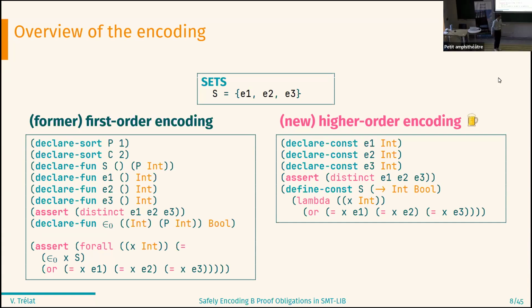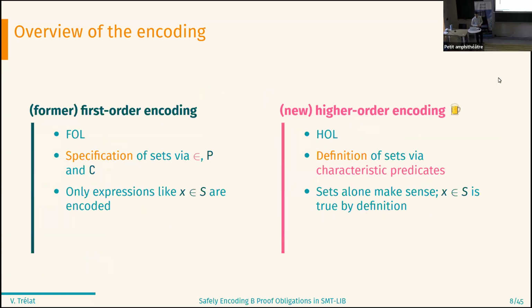It's not a theorem to prove. But the definition then is the same. So this is what I said. Only expressions like X is a member of S are encoded in PP-Trans SMT, whereas in my encoding, sets alone make sense, and X is a member of S is true by definition or by beta reduction, or false by definition.